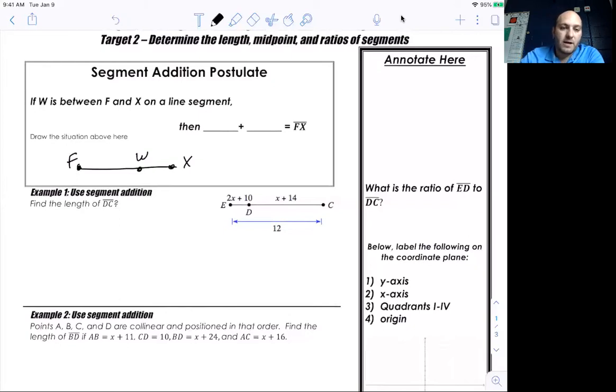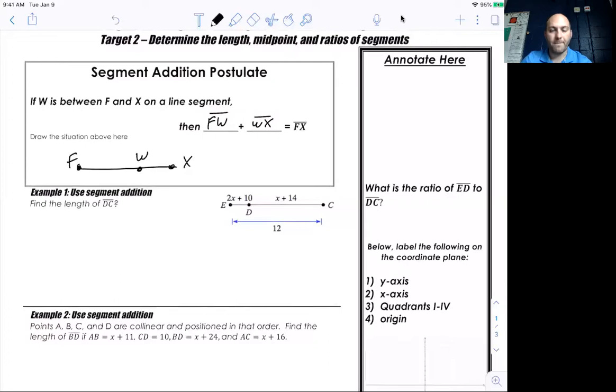The idea behind this is that when I have a big segment split up into two smaller segments, then the two smaller segments will add up to the main segment. That's all. So if I have something that's 3 inches and I put a 6-inch piece next to it, the whole thing is 3 plus 6, which gives me 9 inches total.